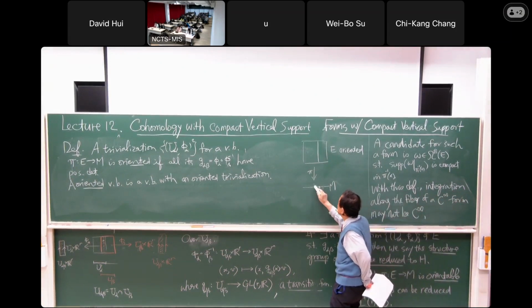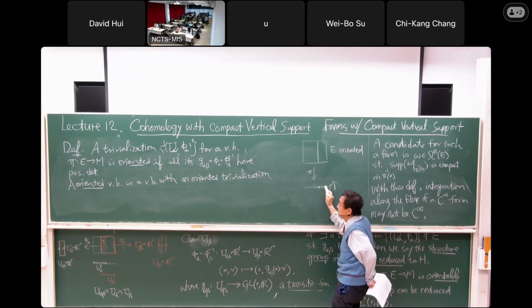So in order to check C infinity, you need values in the neighborhood, okay?